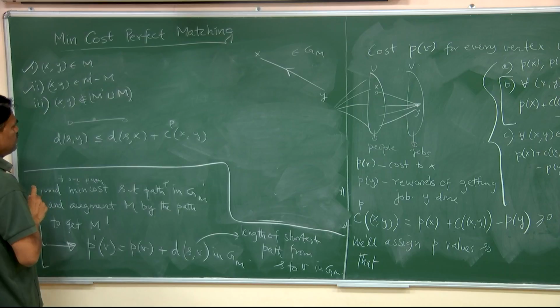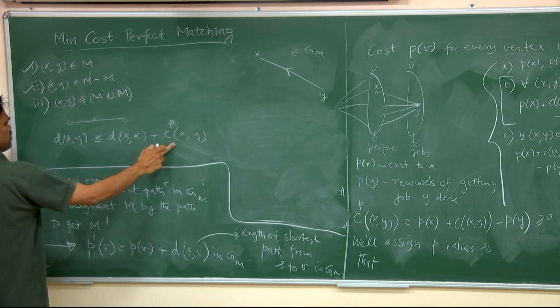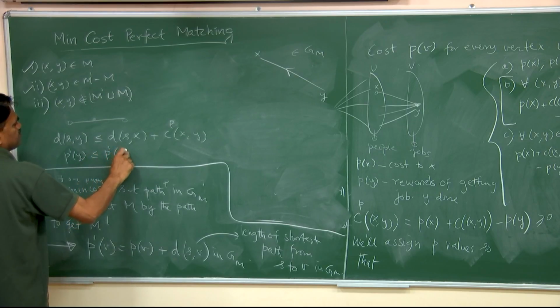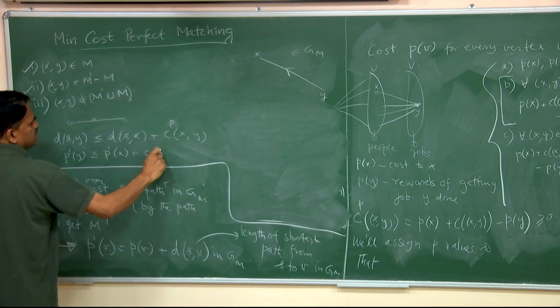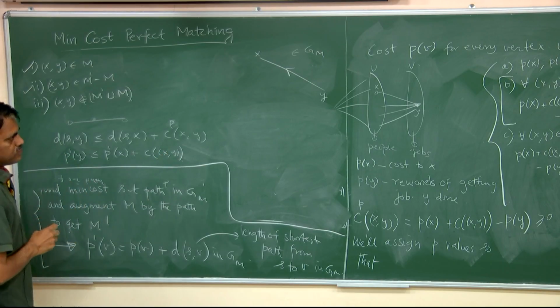What does that mean? This is px minus py would come. So p prime y is less than or equal to p prime x plus cxy, which is what I wanted.